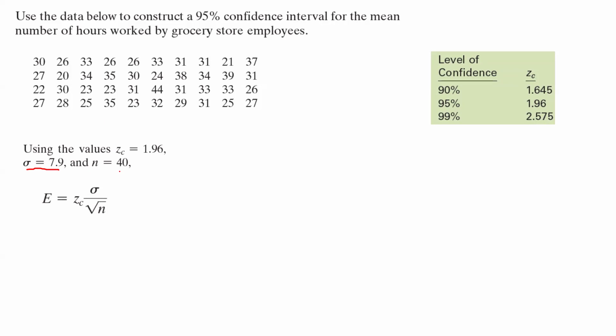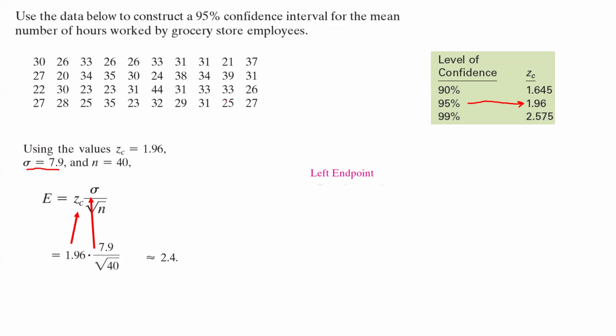The margin of error that we calculated is ZC times sigma over square root of n, or 1.96 times 7.9 over square root of 40. ZC is related to the 95% level of confidence, 1.96. And again, sigma, which is the population standard deviation, is given to us as 7.9, divided by square root of 40, which is the number of values in your collection. And as we saw, it is about 2.4 hours.